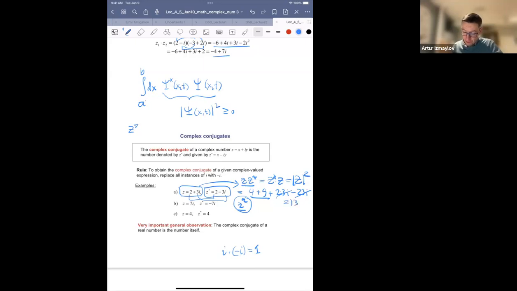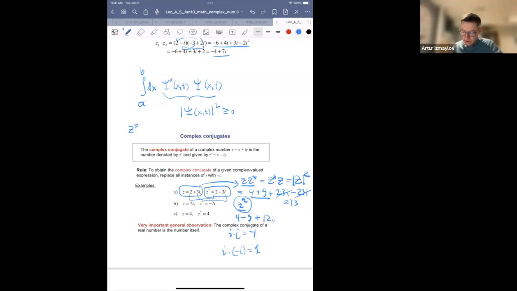In contrast, if you do z squared, you're going to get something that is not necessarily positive. So let's see, you get 4 again, and then 3i times 3i gives you minus 9, because i times i is minus 1. And then you have cross terms, which are essentially plus 12i.